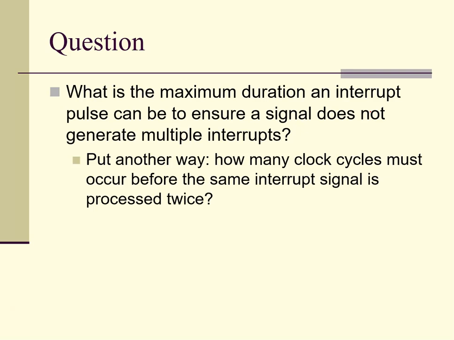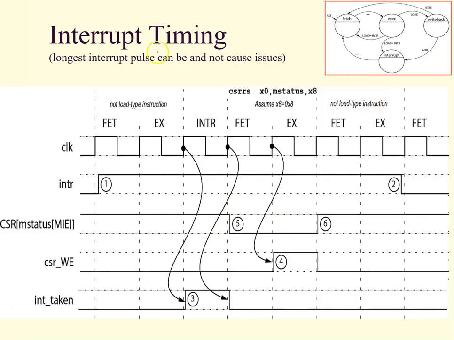For this problem, which is an academic exercise and probably not something you want to do, the first instruction in the interrupt service routine is going to turn that interrupt back on. It's going to re-enable the interrupts. So by the time I get to the next possibility of having that interrupt be caught again, I want to make sure that interrupt's gone. Let's look at the timing diagram, since I think it's spelled out a little bit better there.